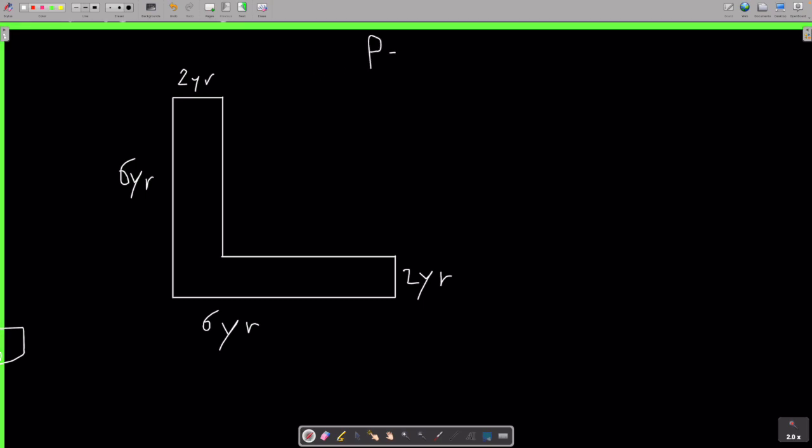The perimeter equals 2 yards plus 2 yards plus 6 yards plus another 6 yards, and there are 2 missing sides. To find this one, we need to subtract 2 from 6. 6 minus 2 is 4. So this has to be 4 yards.